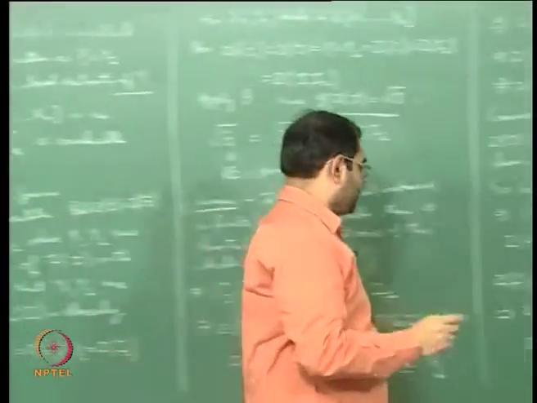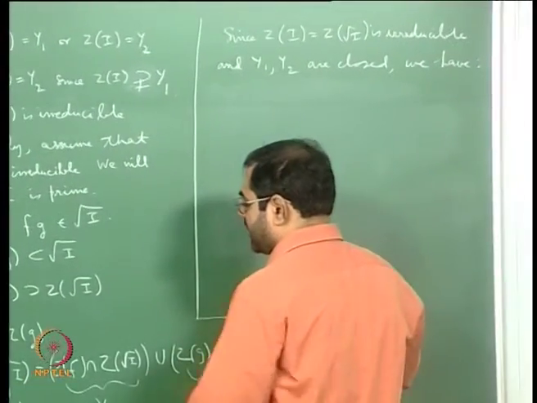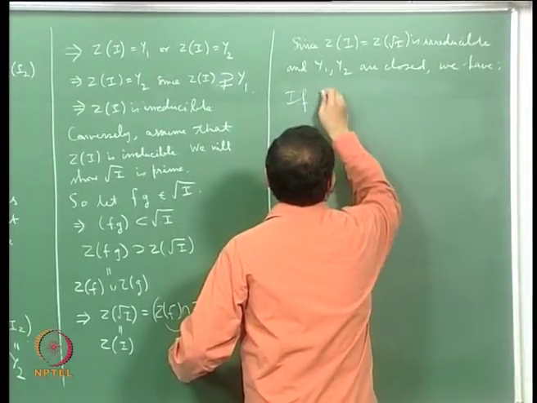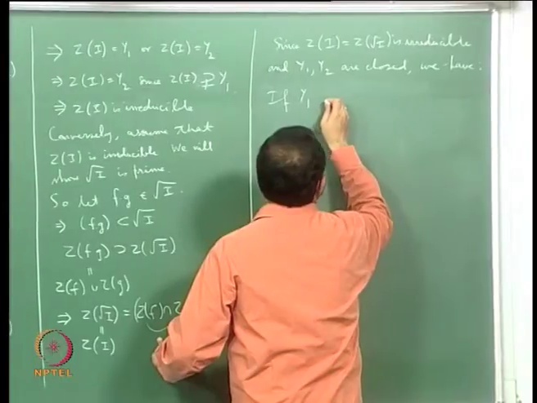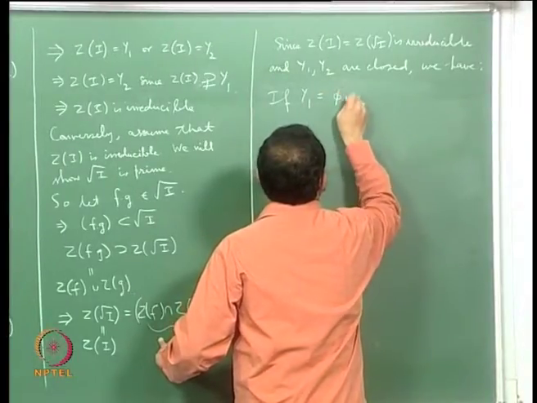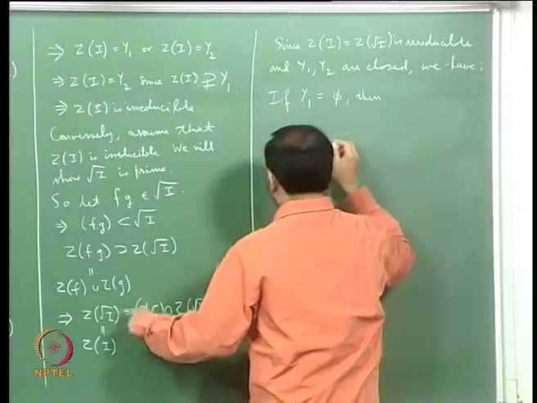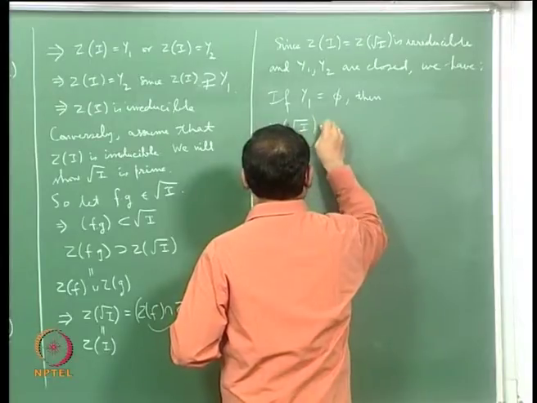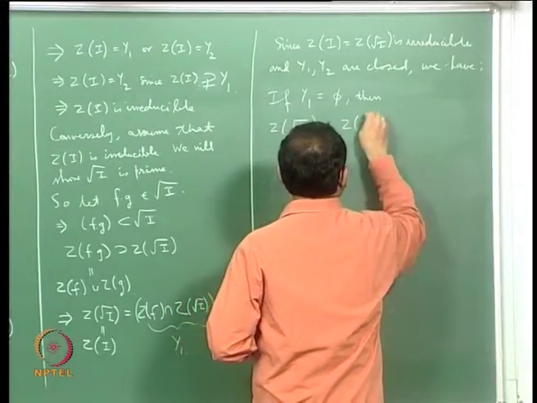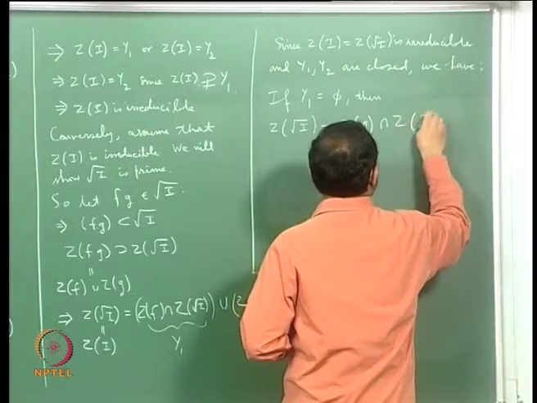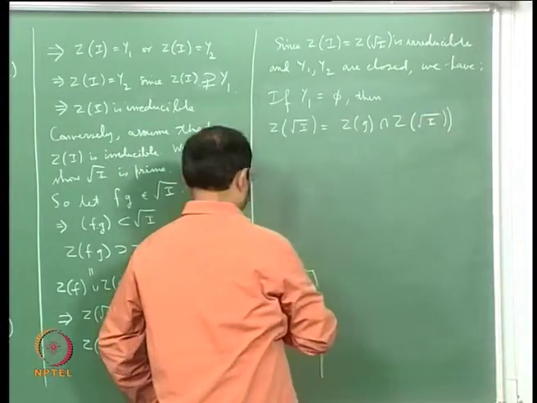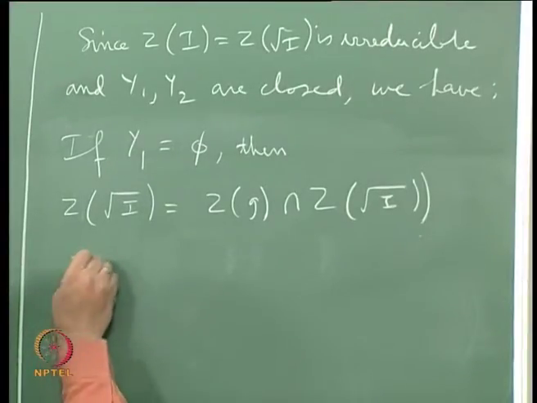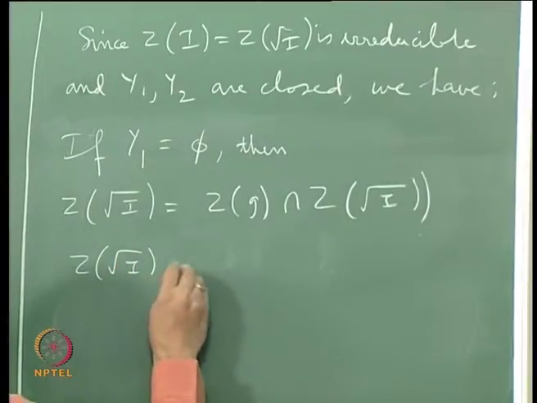As one of you has rightly pointed out, if Y1 is empty, then it's obvious that Z of the radical is just Z of g intersection Z of the radical, which means that Z of the radical is contained in Z of g.